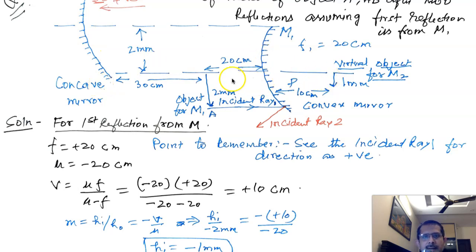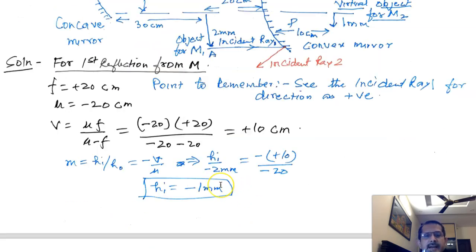So 10, 20 and 30, altogether it is 60, in this direction, pole to this. As I always said, the direction of u and v is from pole to their location. So pole to this location is 60 distance, and it is opposite to the incident direction, so it is negative.